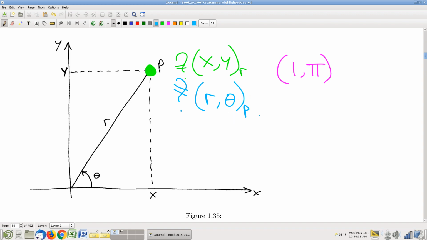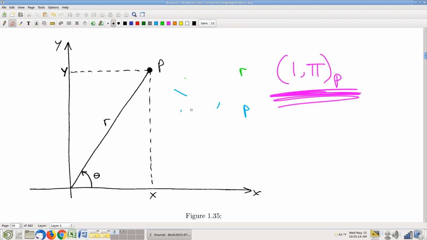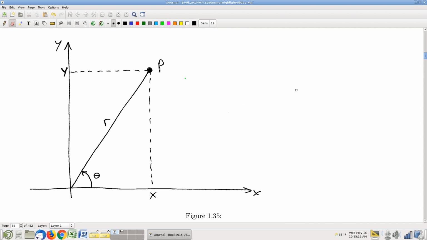And so you can remove the ambiguity by putting a little subscript p, and that's just your little note to the reader, hey, by the way, these are the polar coordinates of the point I'm actually interested in. So you can do that. Or, another perfectly reasonable thing you can do would be to just say r comma theta equals 1 comma pi. And now there's no ambiguity. Everybody good?